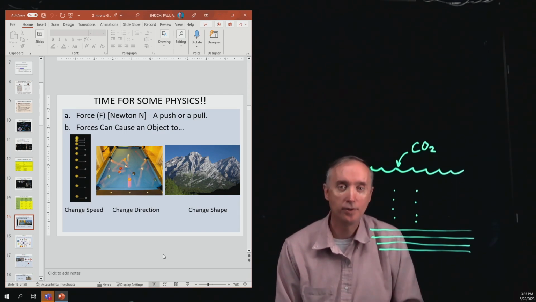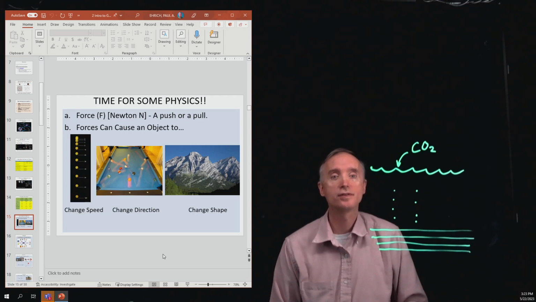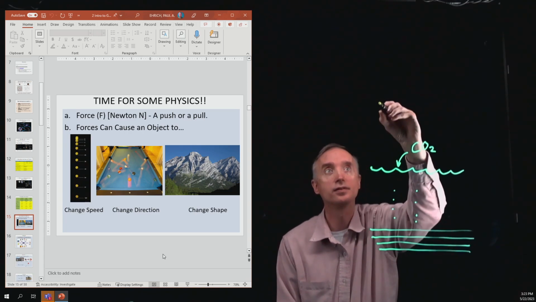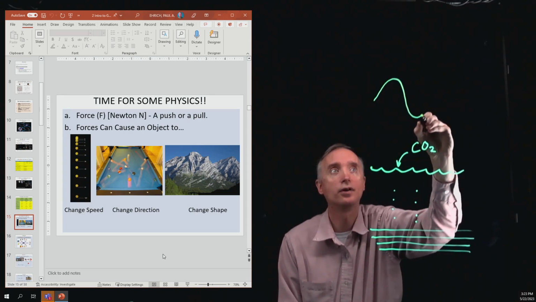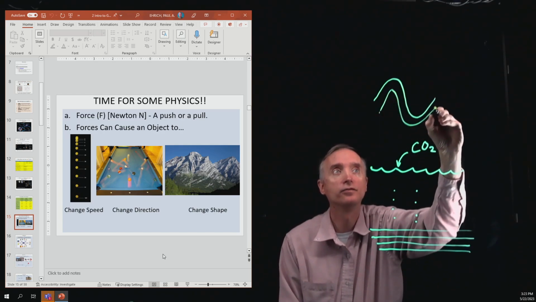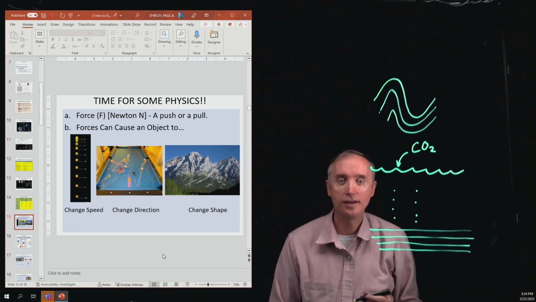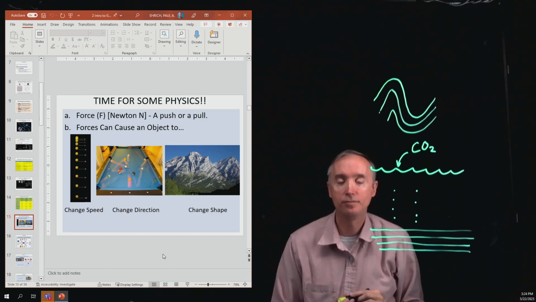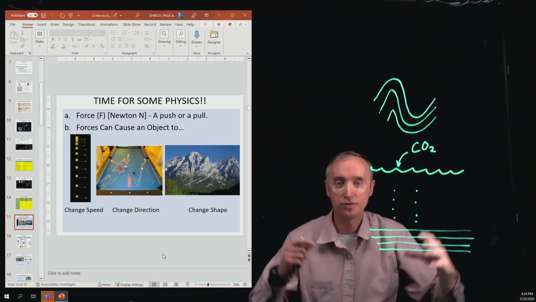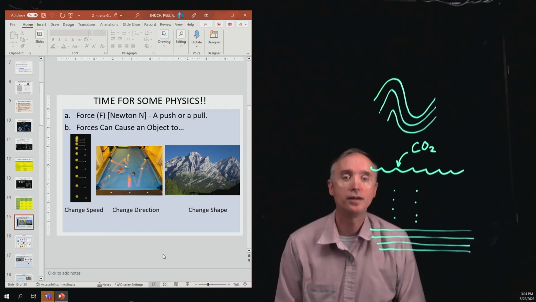Now take a look at that picture. Do you notice that in that picture you've got these layers of limestone that have been folded like an accordion? So imagine the amount of force that it must have taken in order to bend that rock and make it look that way.